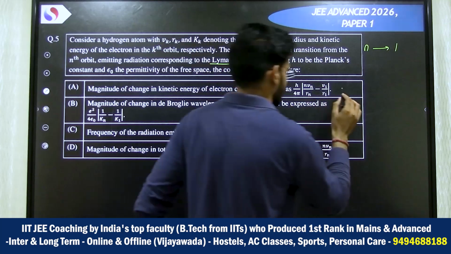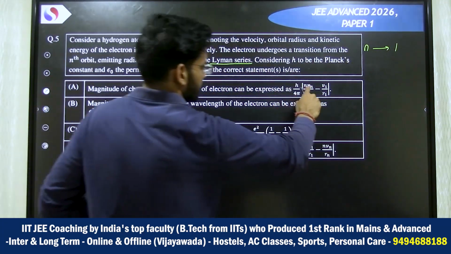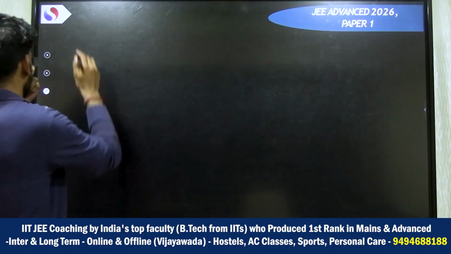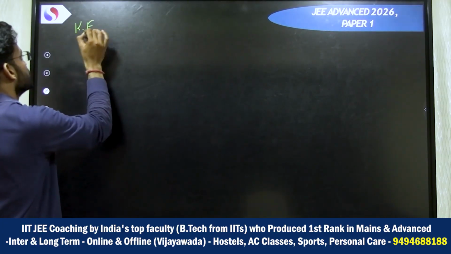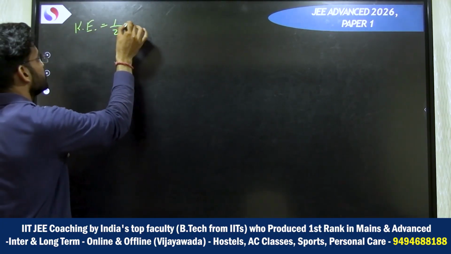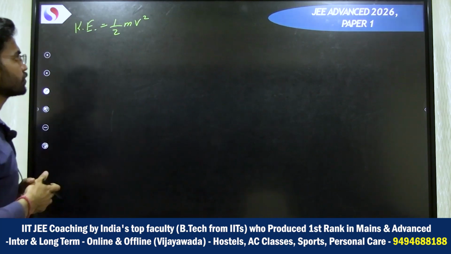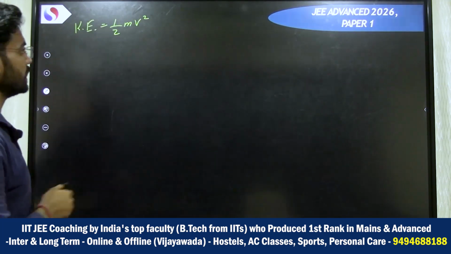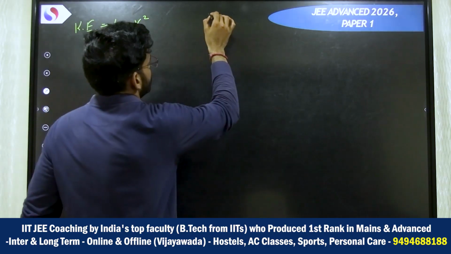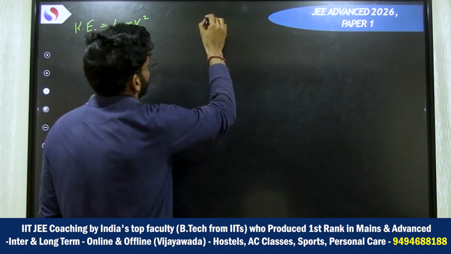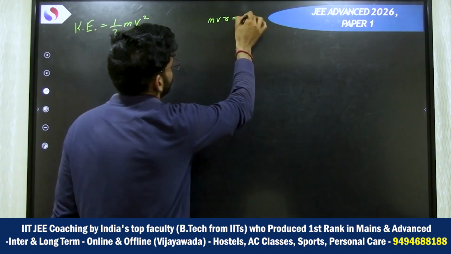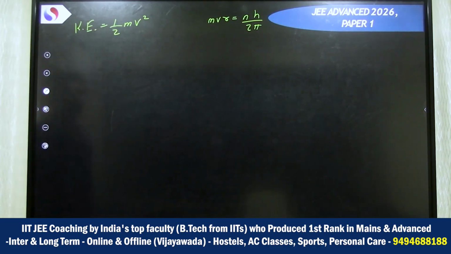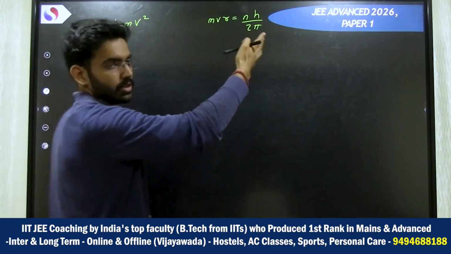A simple formula for kinetic energy: half mv square. Now he is answering in terms of h by 4 pi. If I see h by 4 pi, I can relate it only to mvr equals nh by 2 pi. This is what he wants.